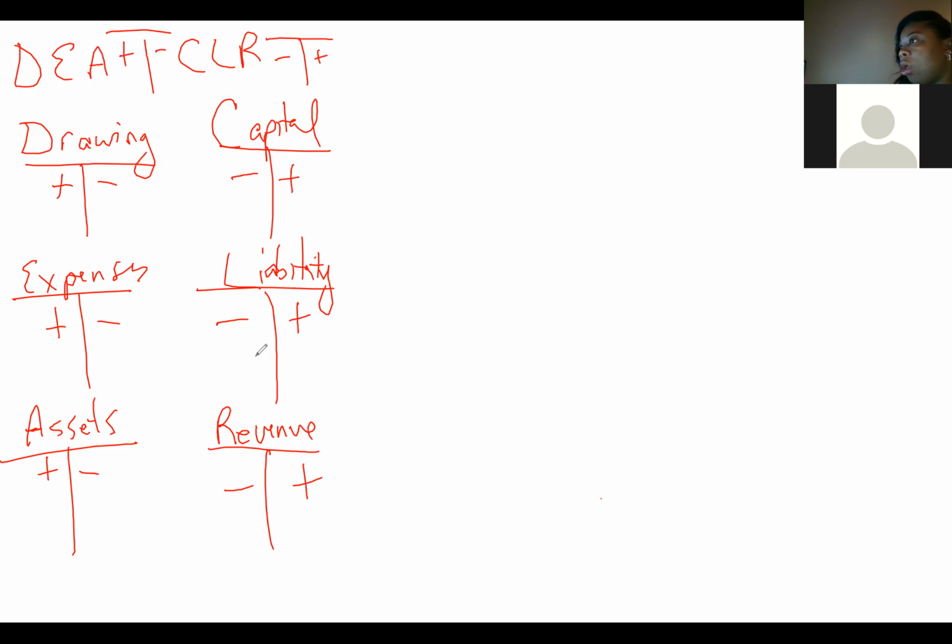So 3 is the journal entry that you need. So our first one, the tables that we're gonna impact are going to be salaries expense, and all this money.